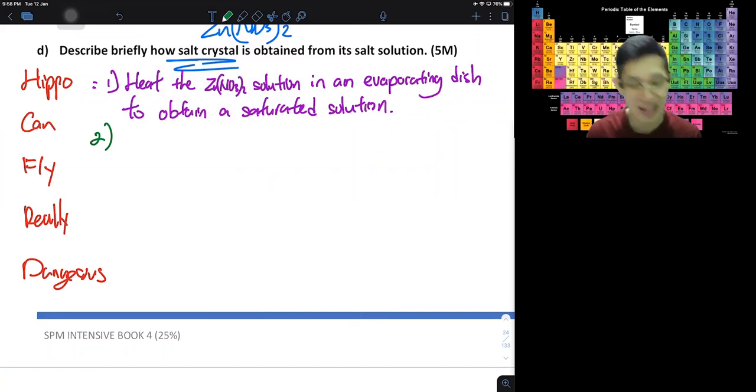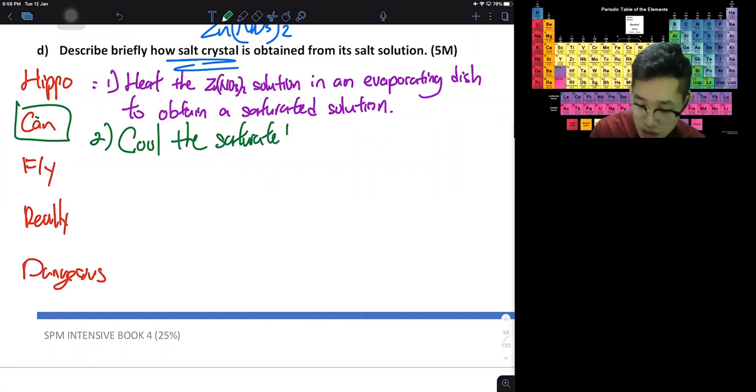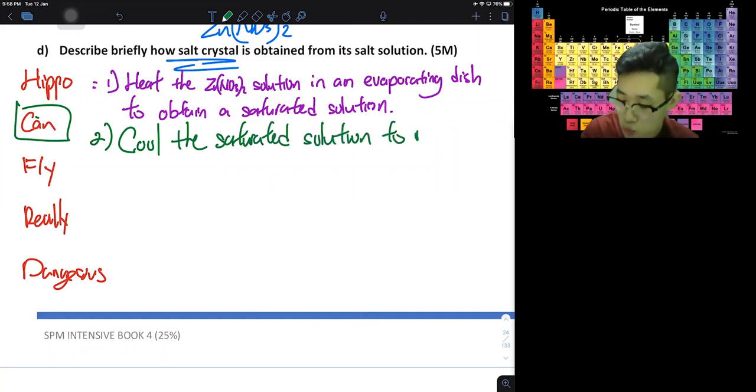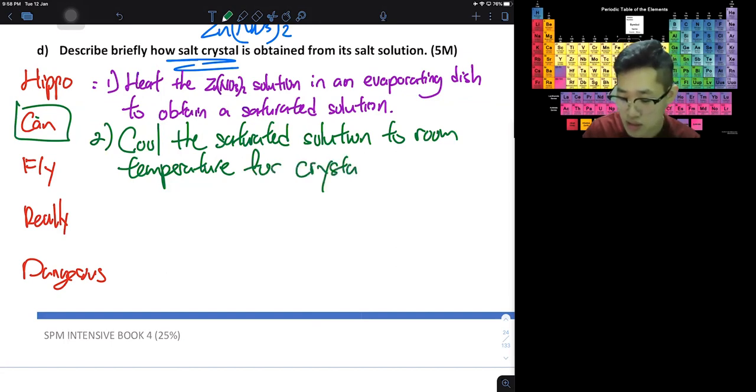Second step, cool the saturated solution to room temperature for crystallization to occur.